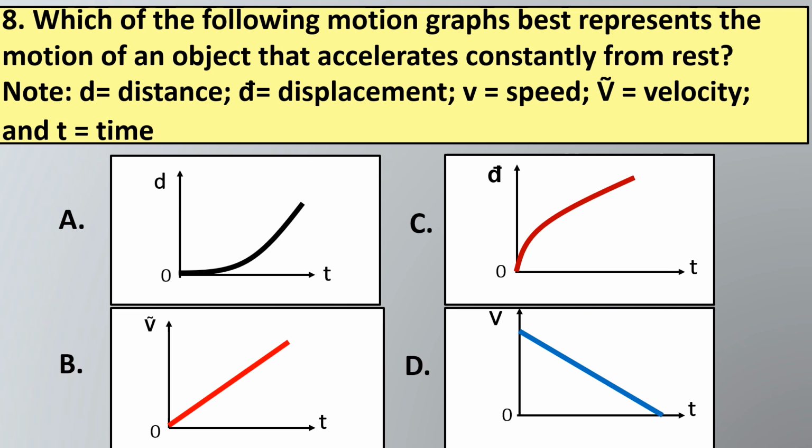Alright, let's analyze each one of these graphs. In letter A, notice that the position of the body as it starts to move is at the 0 mark or at the origin. And as time passes, notice that the change in the position is such that it increases. And the resulting graph shown here is not straight, but rather it's a curve. It's a curved graph, right?